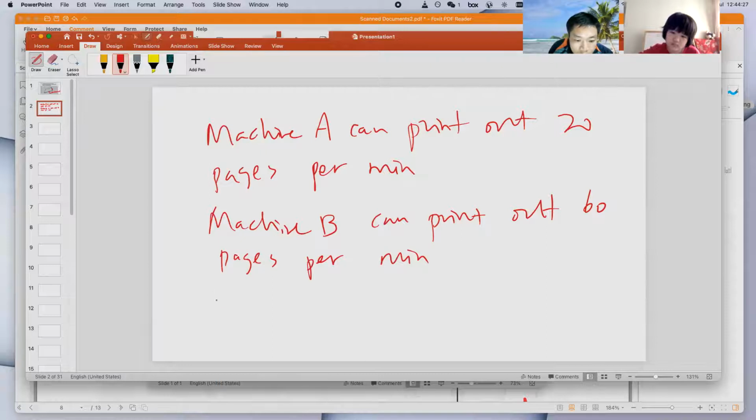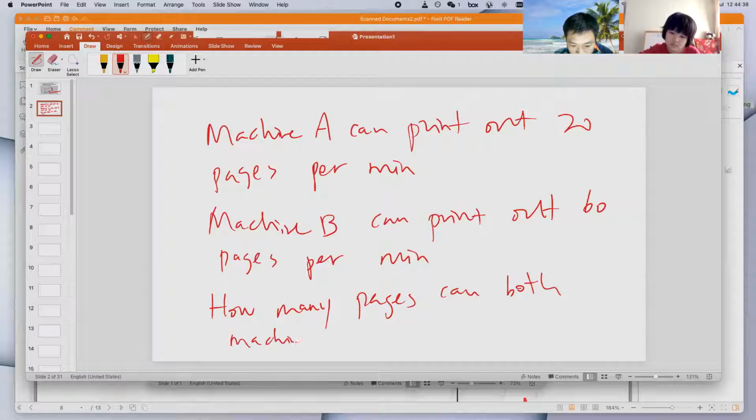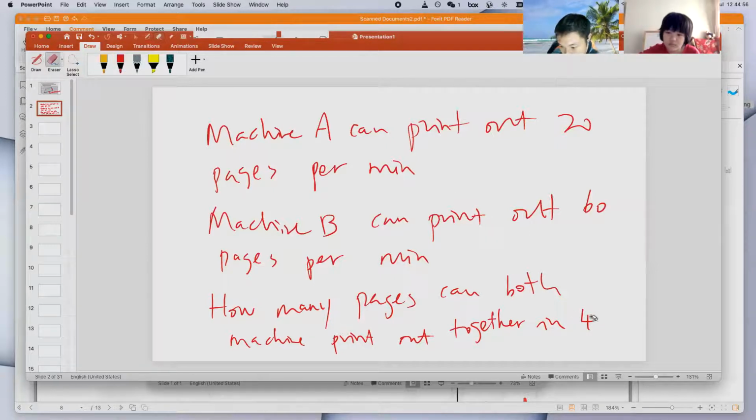Then the question is, how many pages can both machines print out together in 45 seconds or 40 seconds? How do you do this question?